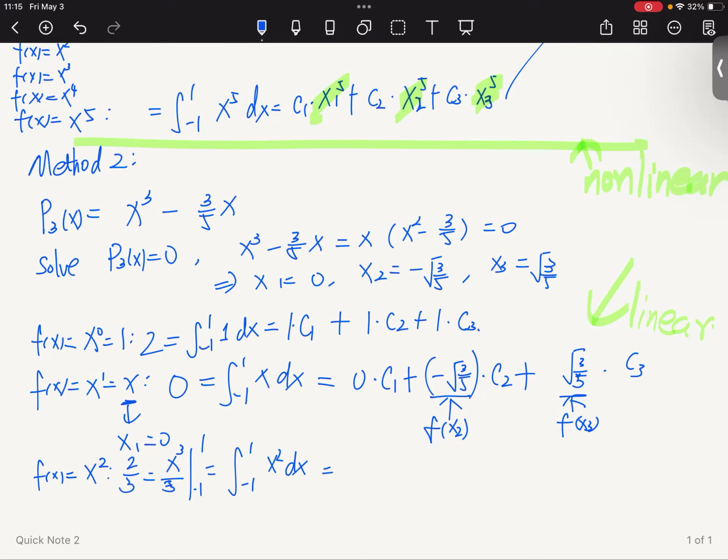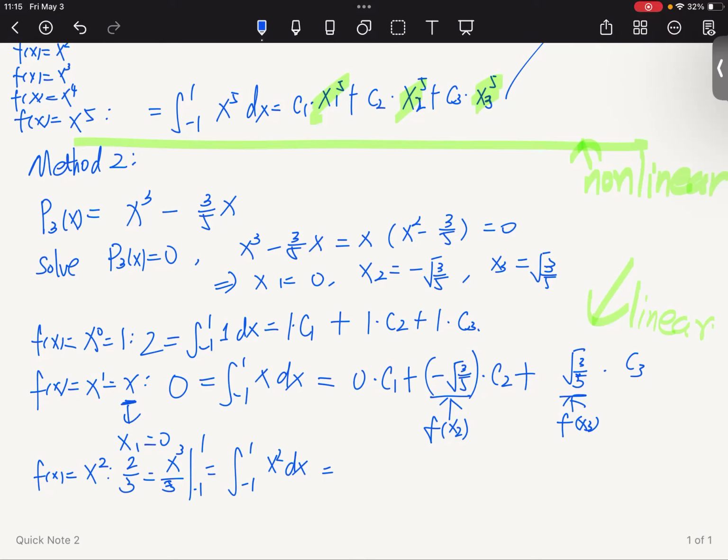And on the right-hand side, there's another piece of good news. Once again, we get linear equations about C1, C2, C3. The order of the unknowns is just order 1.